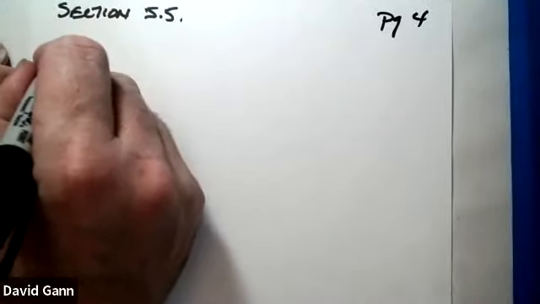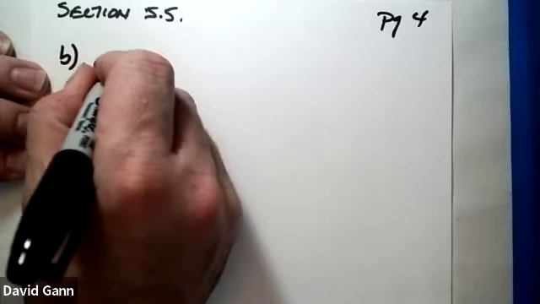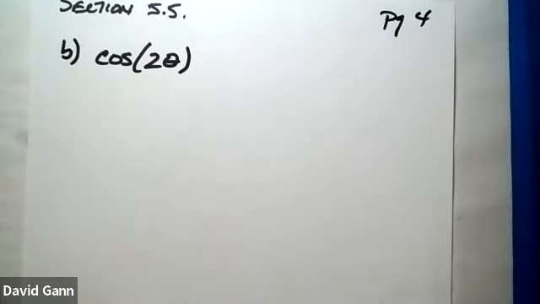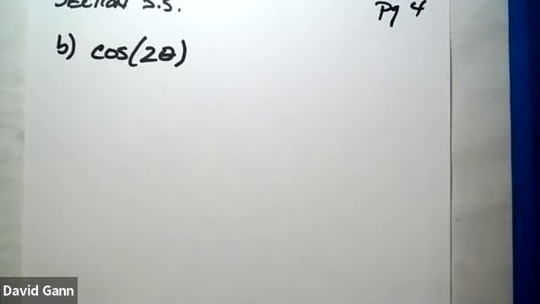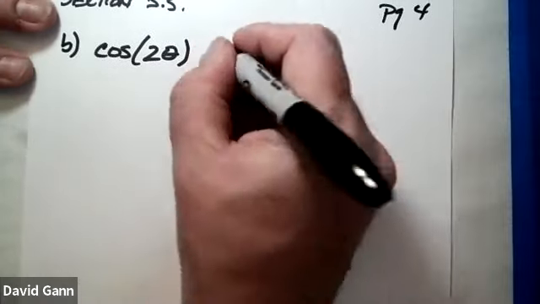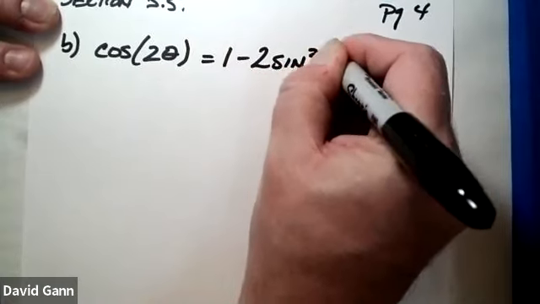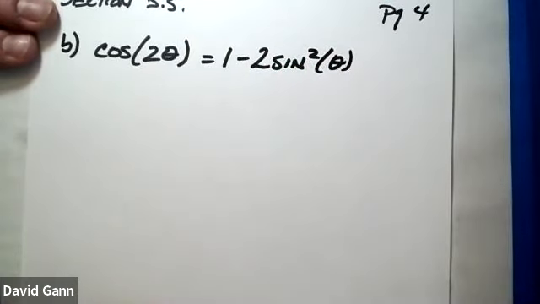So part B, we wanted to find cosine of 2 theta. Now, we could use any one of the 3 formulations for cosine of 2 theta, but since we were given sine of theta in the problem, I think maybe it makes sense to use the so-called second version, which is 1 minus 2 times sine squared of theta.